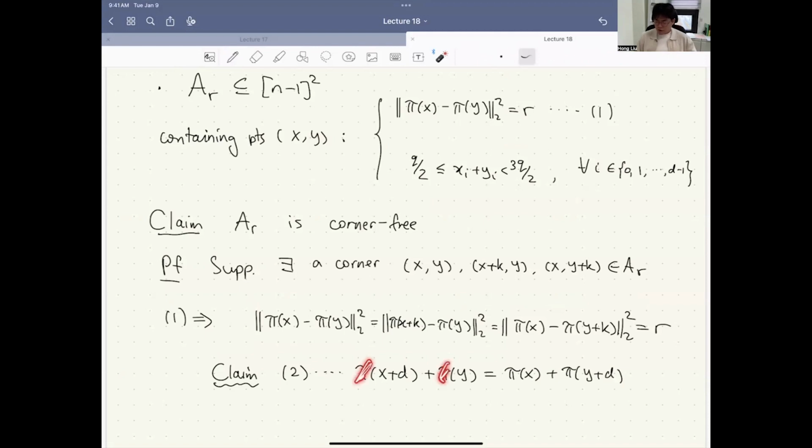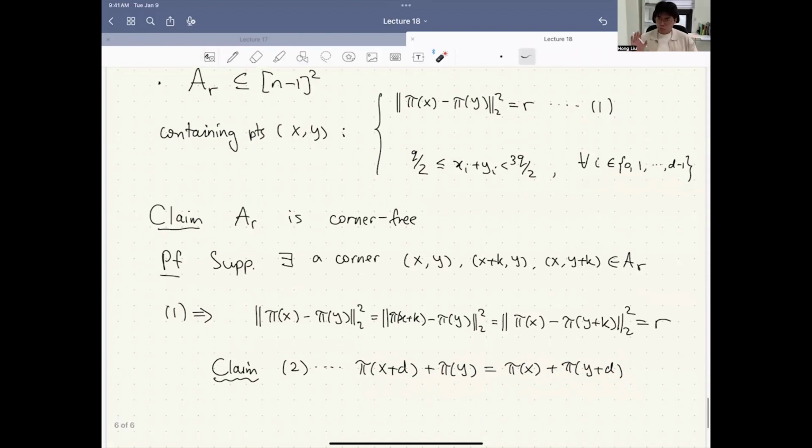If you forget about vector form, just look at numbers. x plus d plus y is the same as x plus y plus d, right? This is just saying that if two numbers have the same sum, and you distribute some part to the other term, looking at the vector form, they are still the same. The vector sum is still the same. We're going to prove this by induction over coordinates 0 to d minus 1. Let's prove it later, assuming this equality 2.